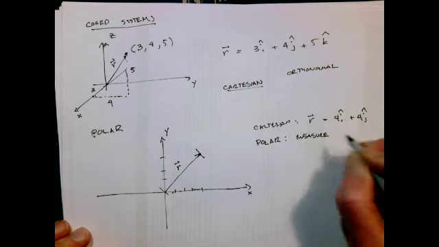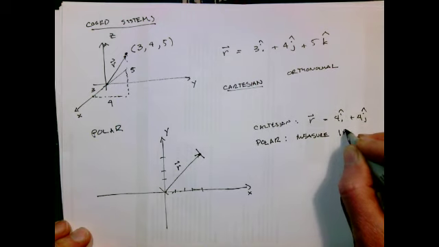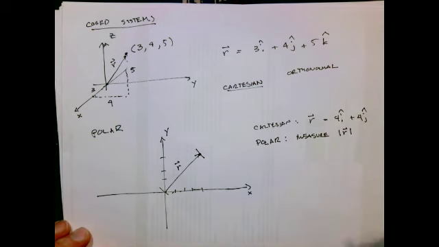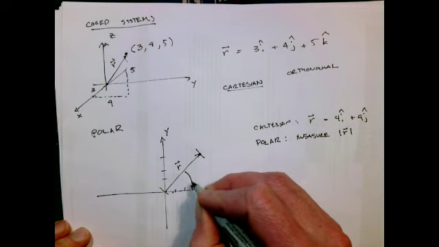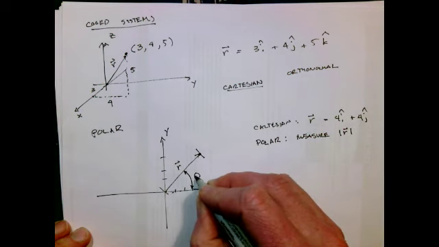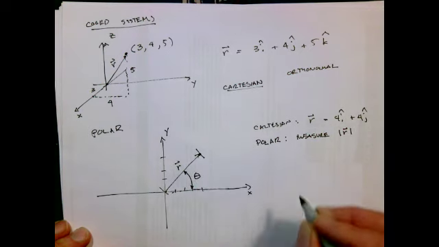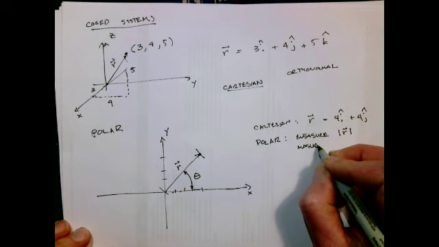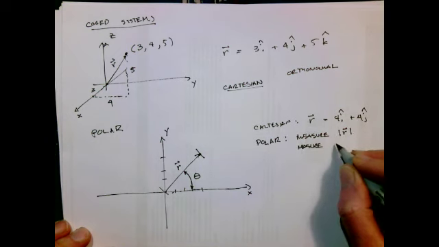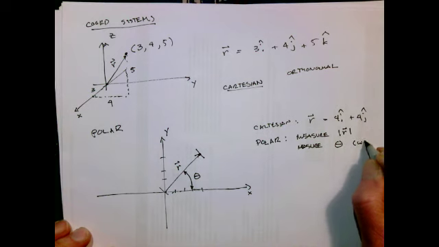So that's one thing that we need to know in order to know where this location is, the magnitude of the vector. And we also measure what the angle is, measured counterclockwise with respect to the x-axis. So we measure theta.